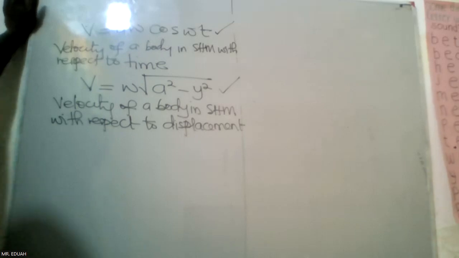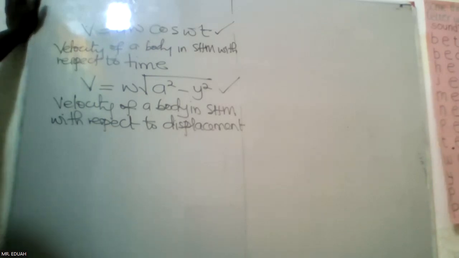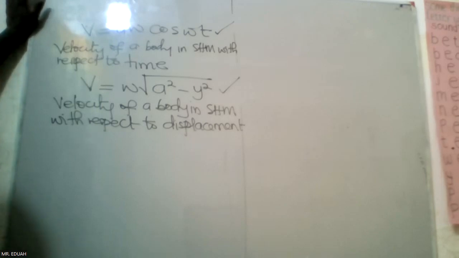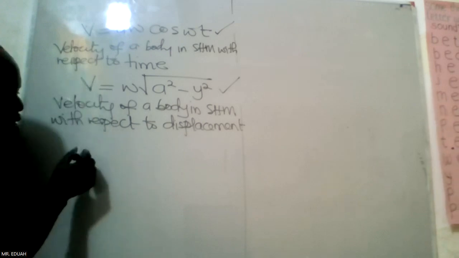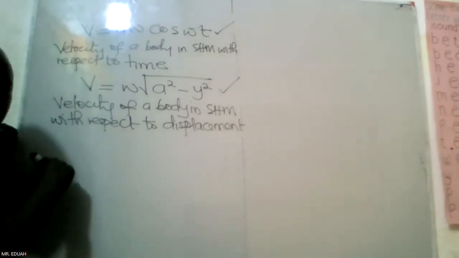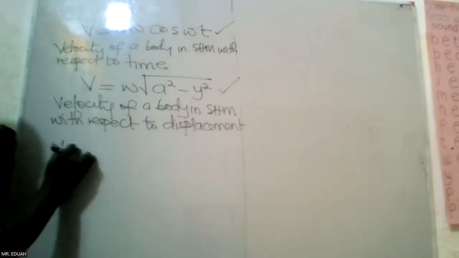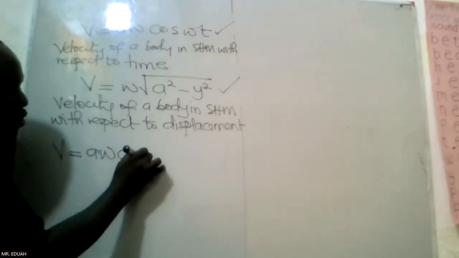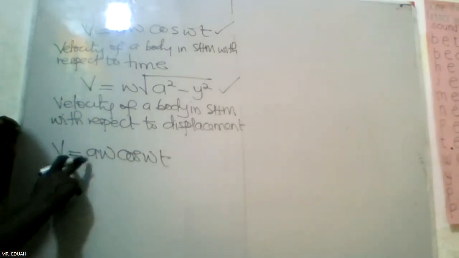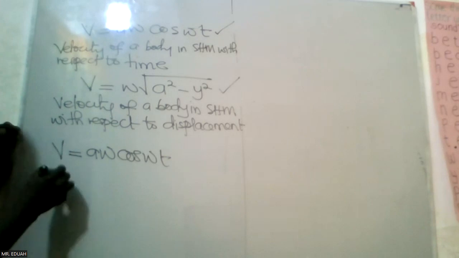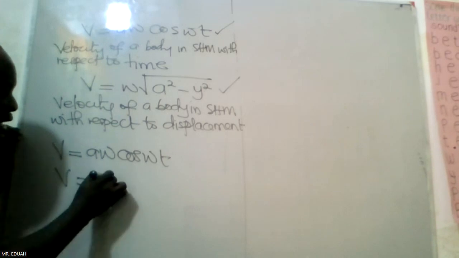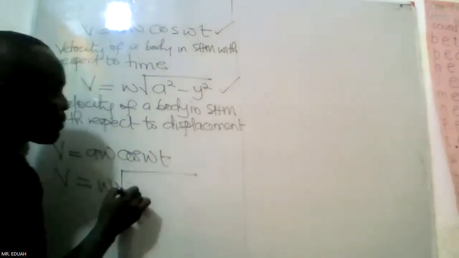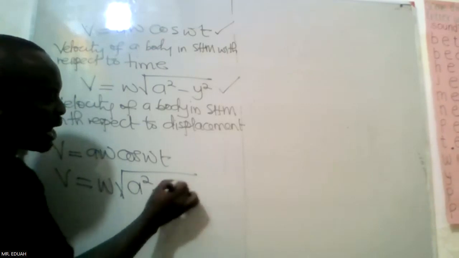We have two different formulas for finding the velocity of a body exhibiting SHM. The first is the velocity with respect to time, which is A omega cos omega t. Then velocity with respect to displacement is v equal to omega times the square root of A squared minus y squared.